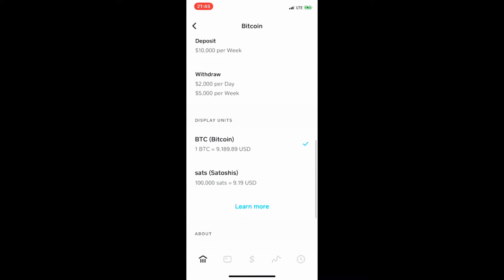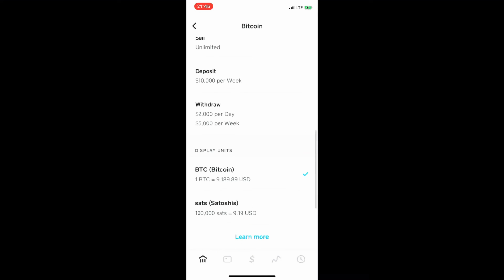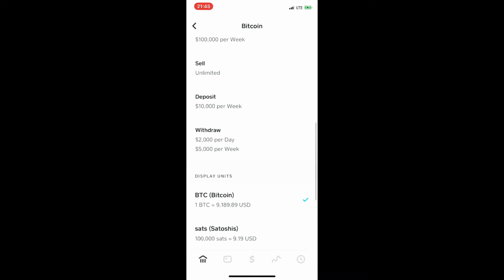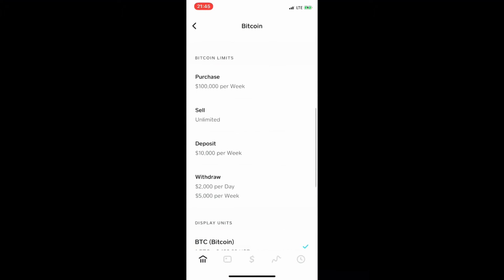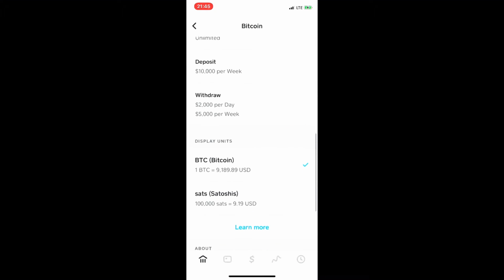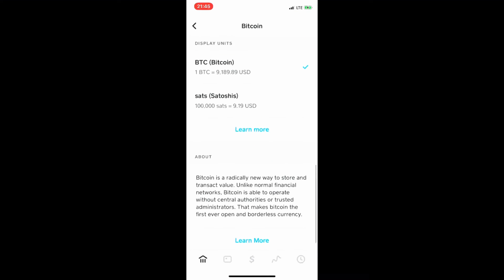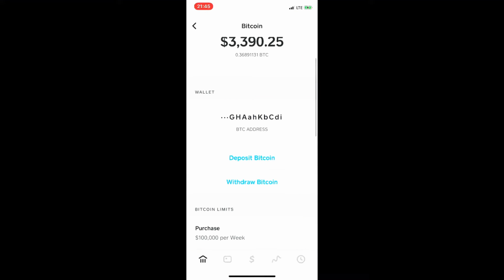So I'm gonna go ahead and scroll upwards and go to where you can start to deposit and withdraw Bitcoin. At this point, I'm just going to scroll back up to the original page where we were when I pressed the house button and click on where it says deposit Bitcoin under the wallet address.